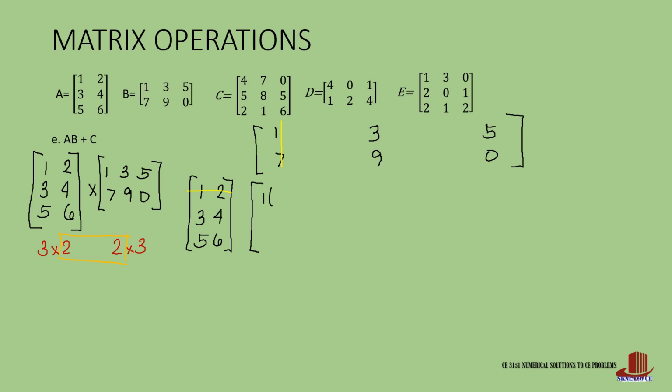So that would be 1 times 1 plus 2 times 7. For the second, we have 3 times 1 plus 4 times 7. And for the third, take 5 times 1 plus 6 times 7.